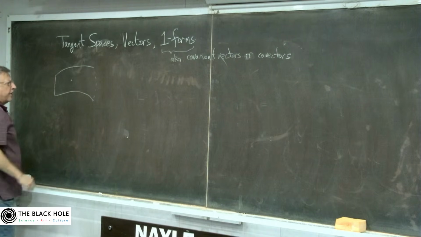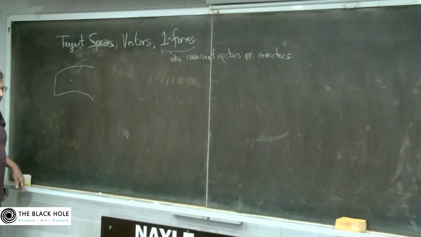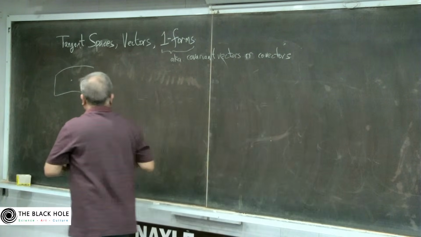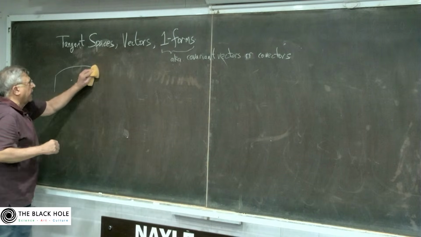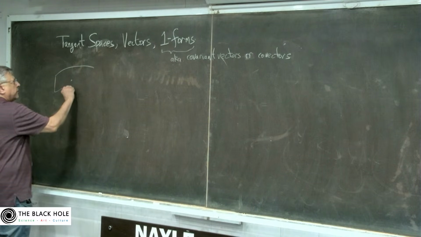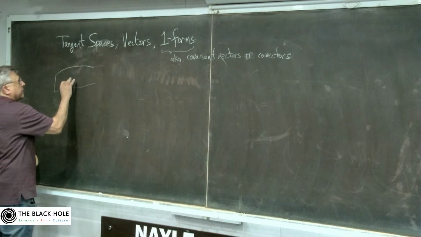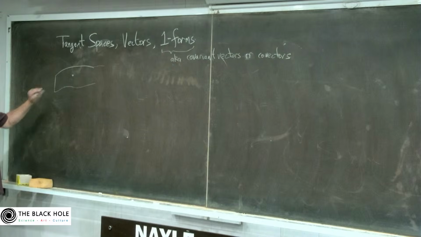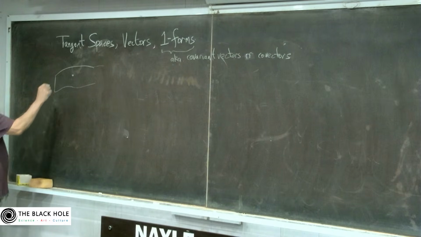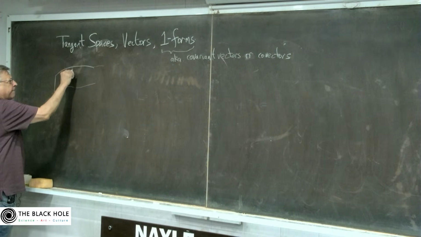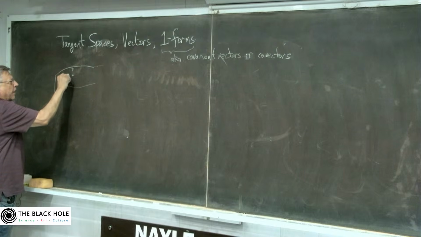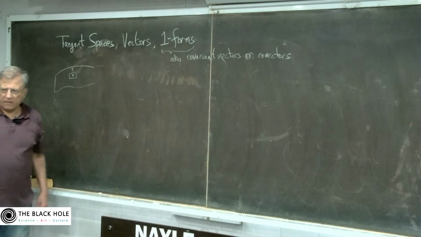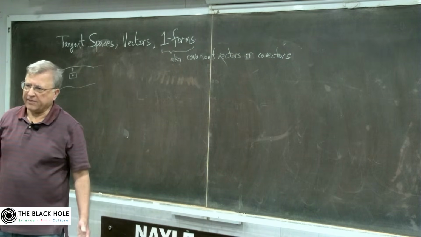and we have a point on that manifold, and maybe I should try to make it look a little more three-dimensional. So imagine that you're looking at this from the side. Well, here is the point P. And locally it is flat.